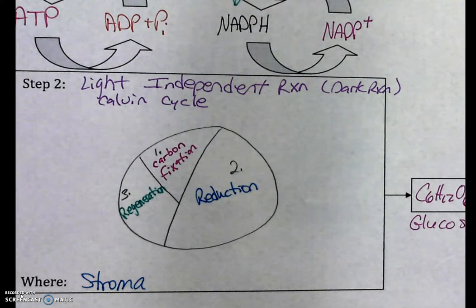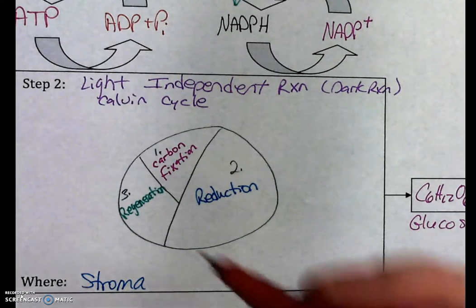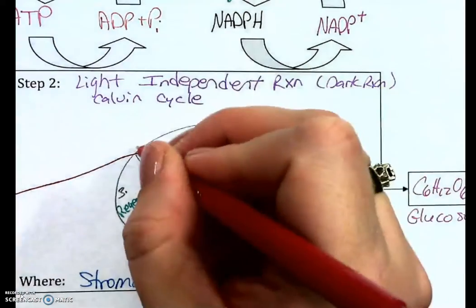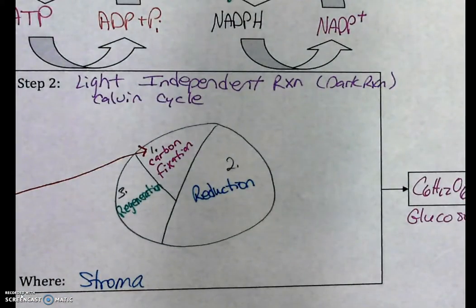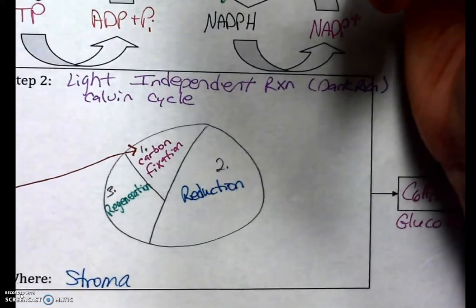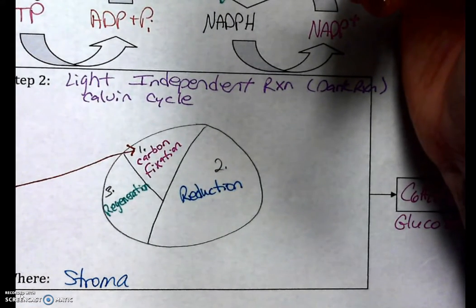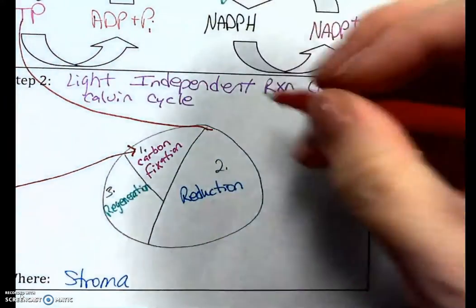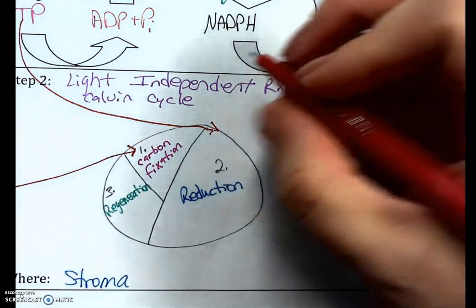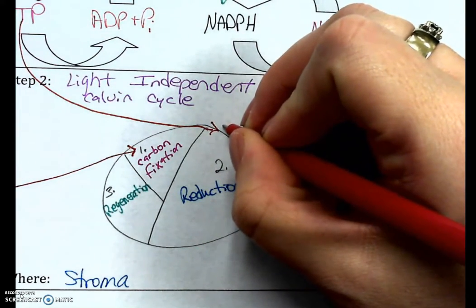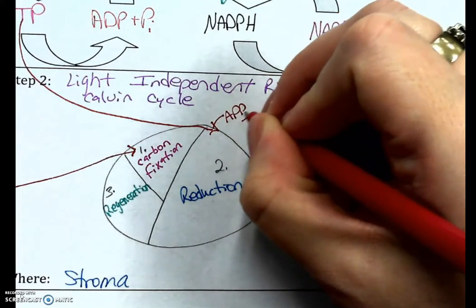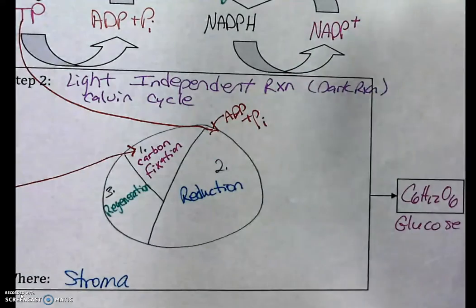And so here's where maybe some of the confusion is going to come in terms of craziness of this diagram. But remember, our CO2 is going to enter right here in the carbon fixation stage. You're going to have ATP coming in at that reduction / carbon fixation stage, and being broken down into ADP plus Pi.